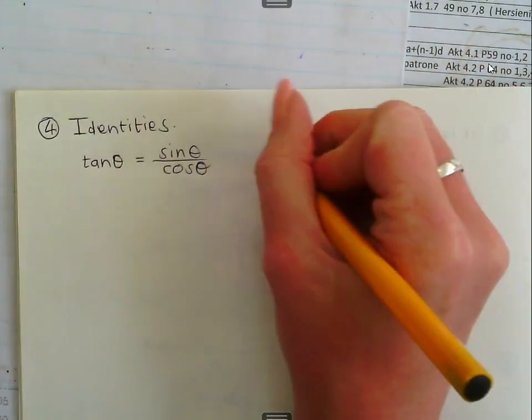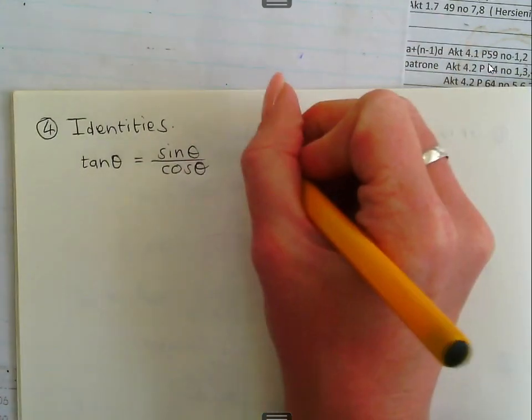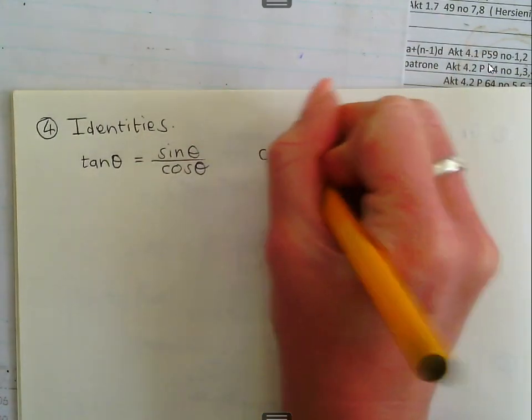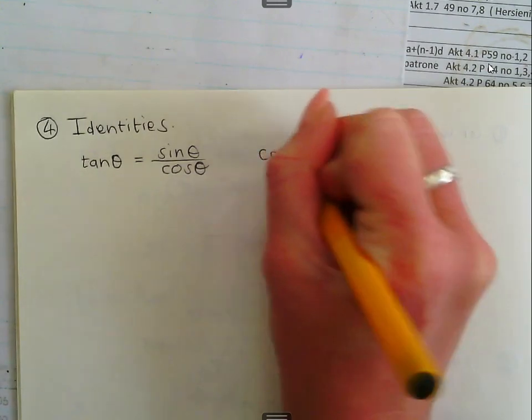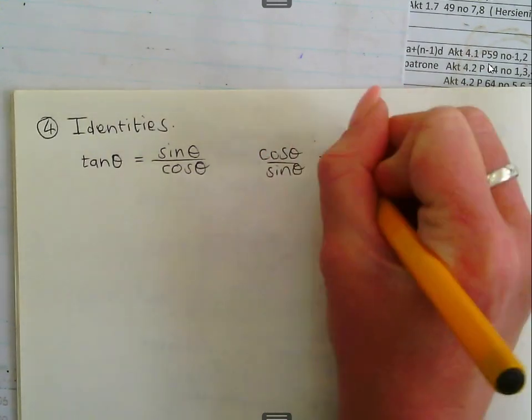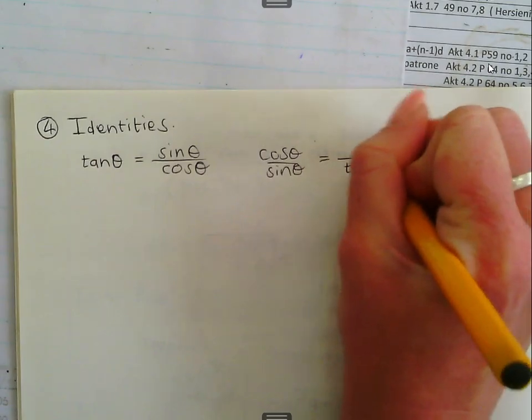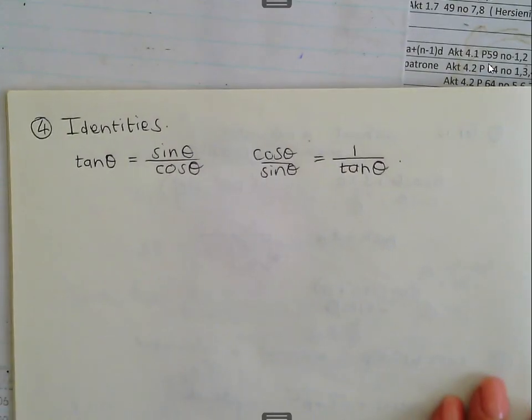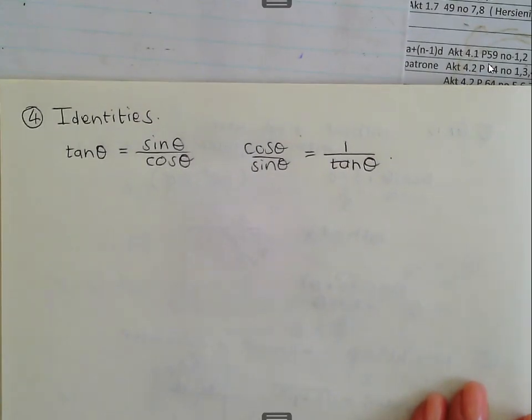Now, a good thing to remember that we get from this identity is that when the sin and the cos are swapped around, it's cos theta over sin theta, then it's going to be 1 over tan theta. Just a good one to have on hand and to remember.